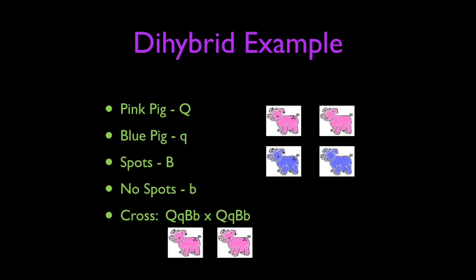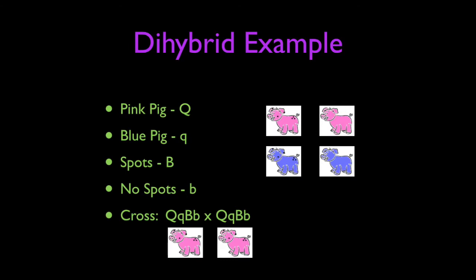For our example, we're going to use a pink pig and a blue pig. These pigs are going to either have spots or not have spots. When I do crosses, I like to use letters that make it obvious to tell the difference between a capital and a lowercase. For example, P's are really hard to tell because sometimes you can't tell if you wrote the lowercase or a capital. Same for S's, Z's, V's.